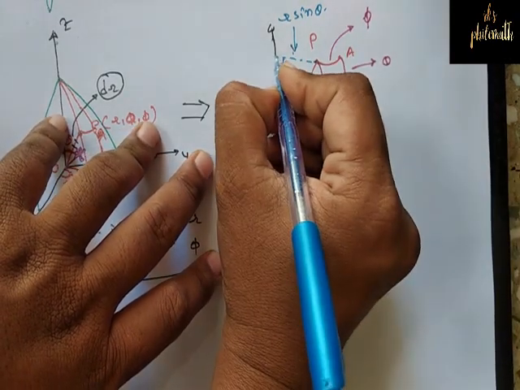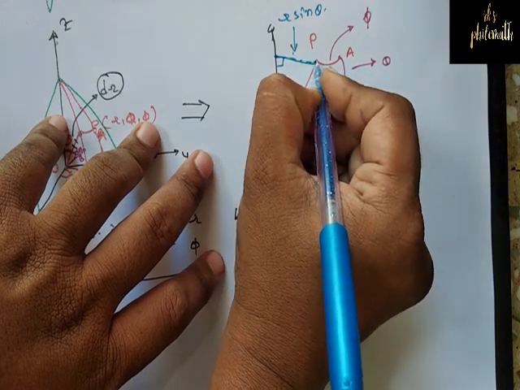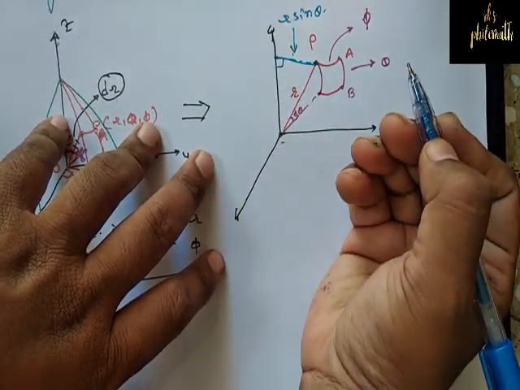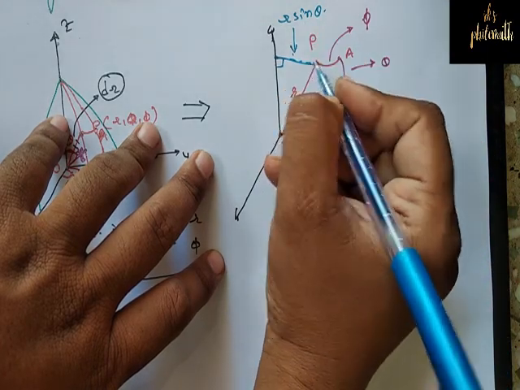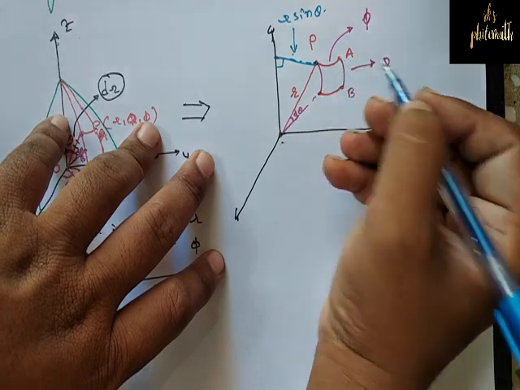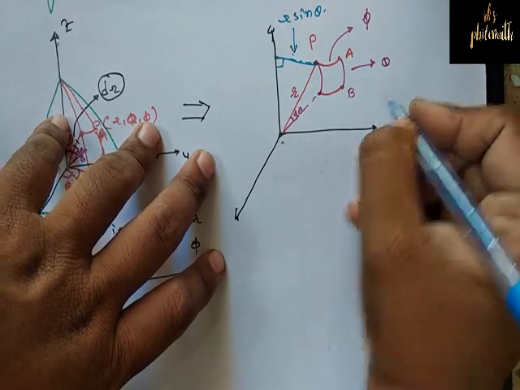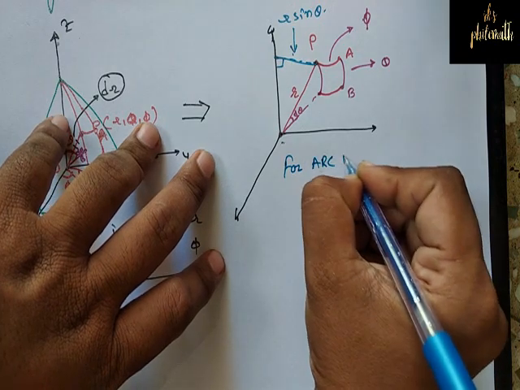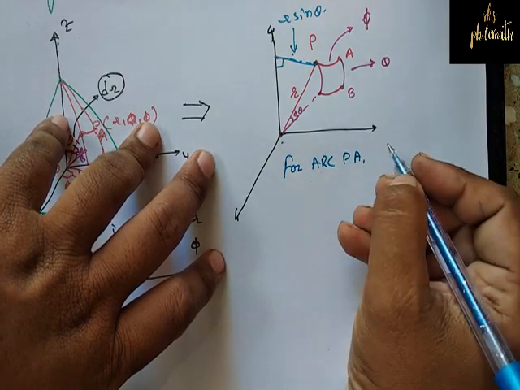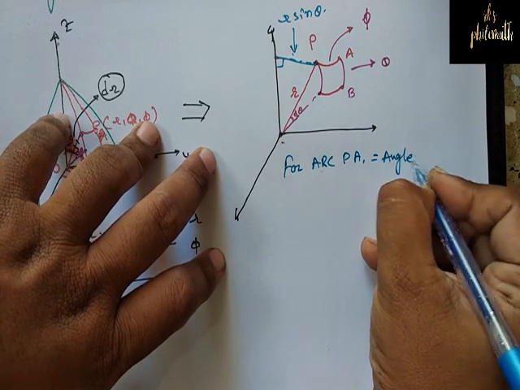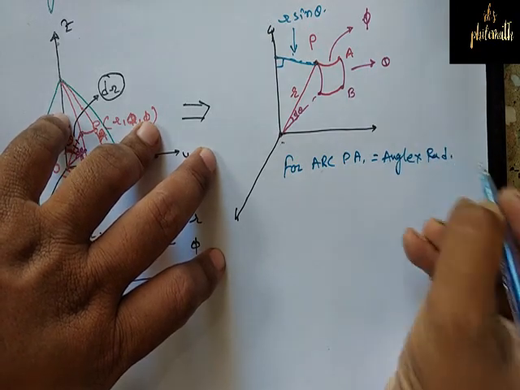Now for this point P, this will be the radius, so radius is r sine theta and the angle is d phi. So for arc PA the formula is angle into radius.